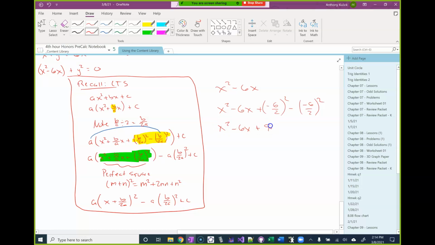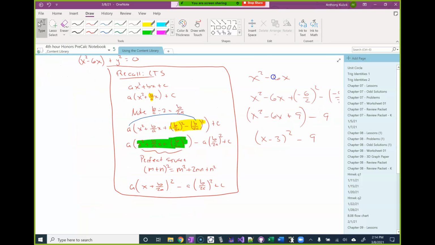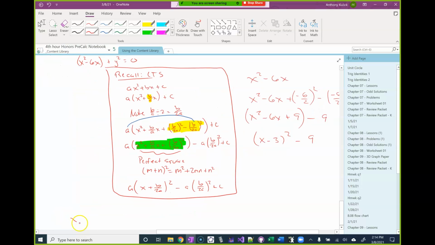And let's go ahead and simplify that. That is my perfect square. It just factors down to (x − 3) squared. Is that okay? So what I have now is (x − 3) squared minus 9 plus y squared equal to 0.